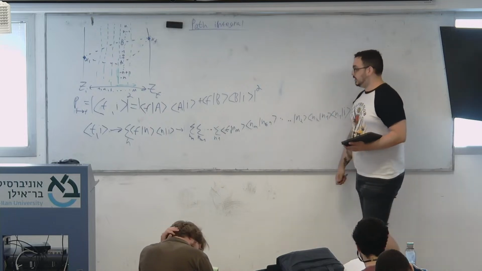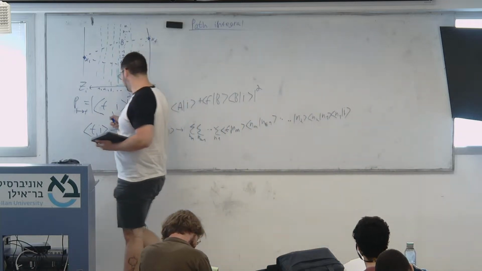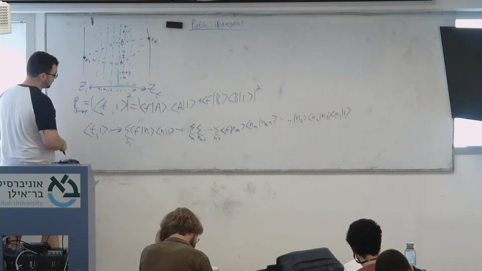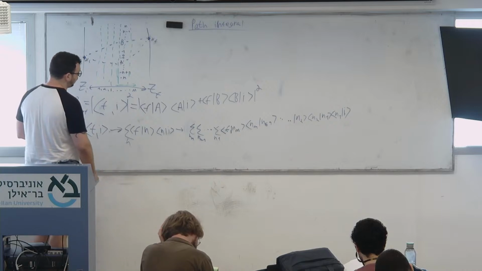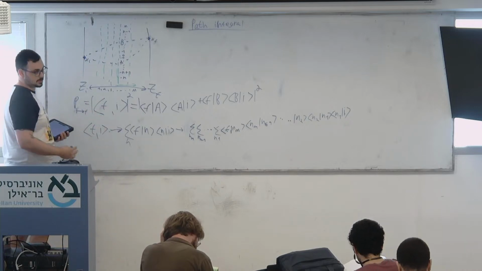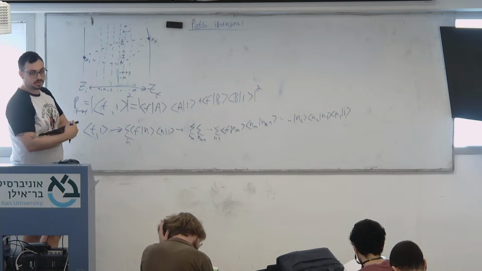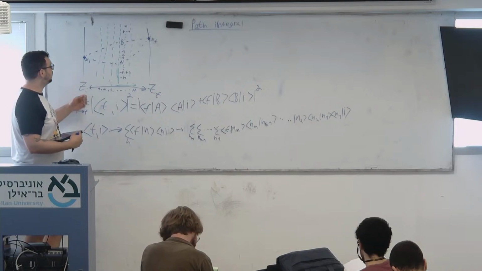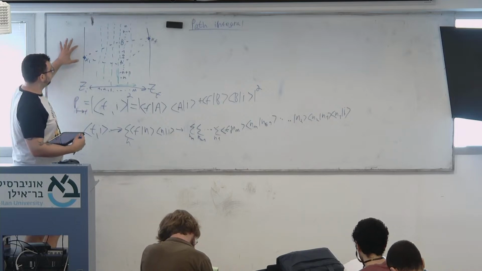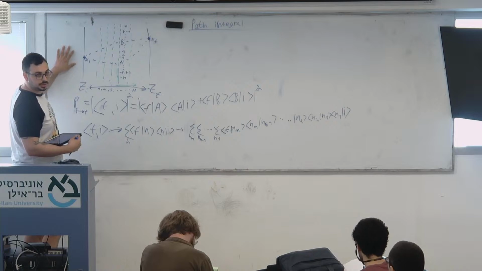So we took a very discrete equation and expanded until we get into the continuous form, when we sum up all the different paths.